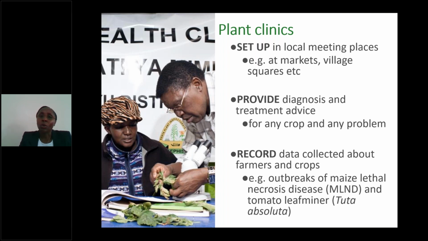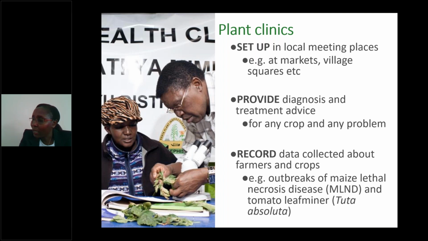So when a farmer comes to the plant clinic with a problem, since the plant doctors are equipped, remember these are advisory service providers, and once we train them we call them plant doctors, they are able to diagnose the problem.